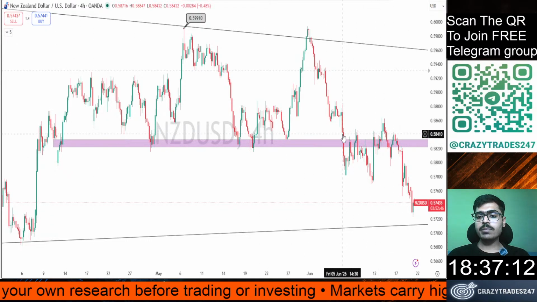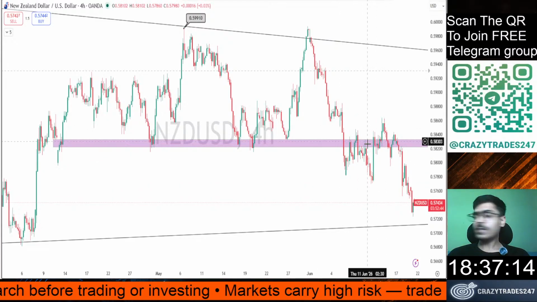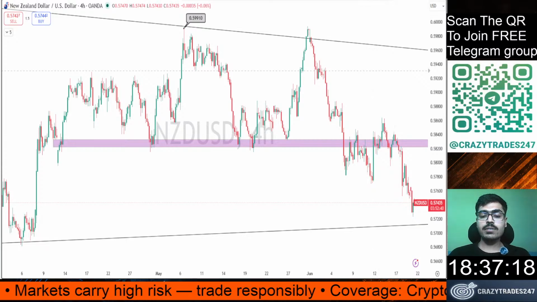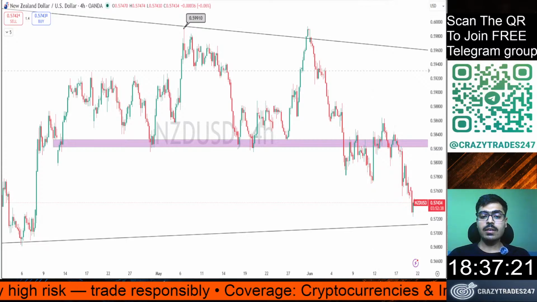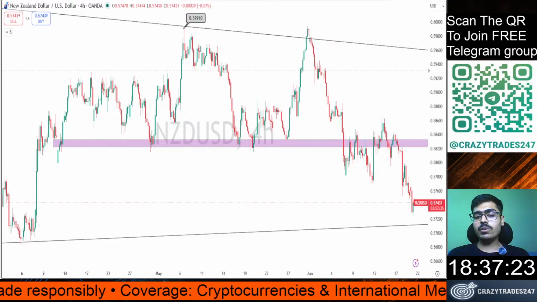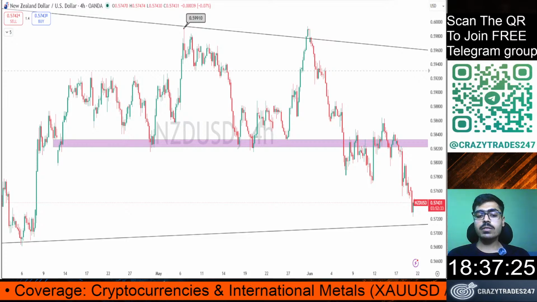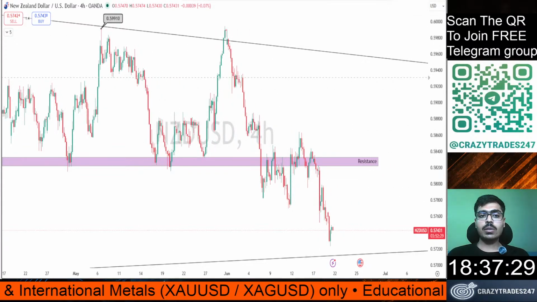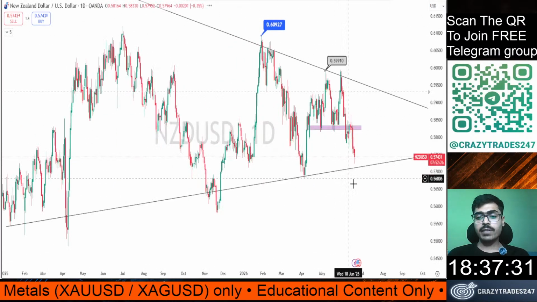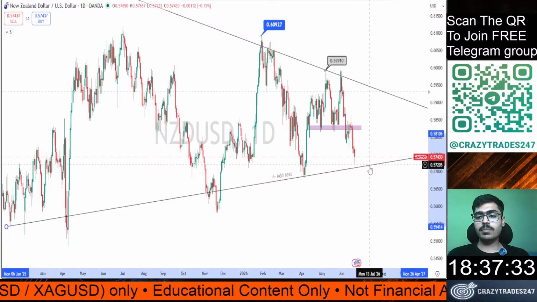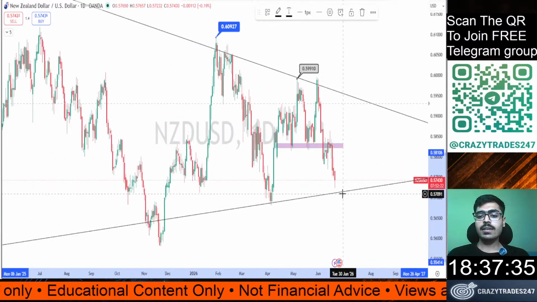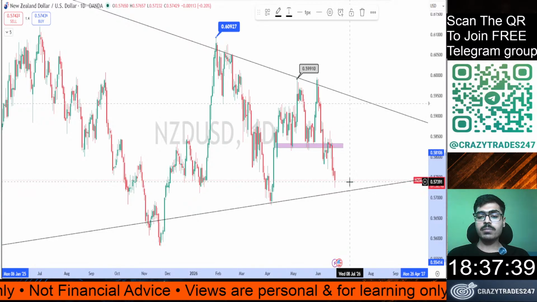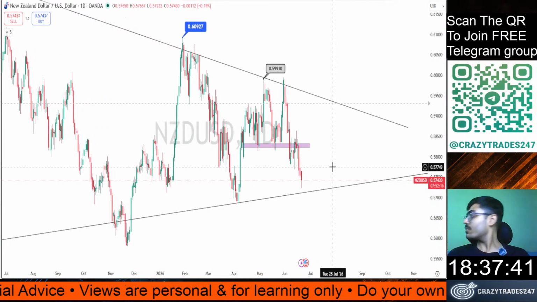On 5th June, when it broke below this level, price started consolidating around these levels and has taken multiple rejections from this resistance. This support was a support earlier which turned into a resistance, and now price is continuing in the lower direction. It's expected for price to take support of this rising trend line here, and after a bounce back from this rising trend line, price might give some up move.